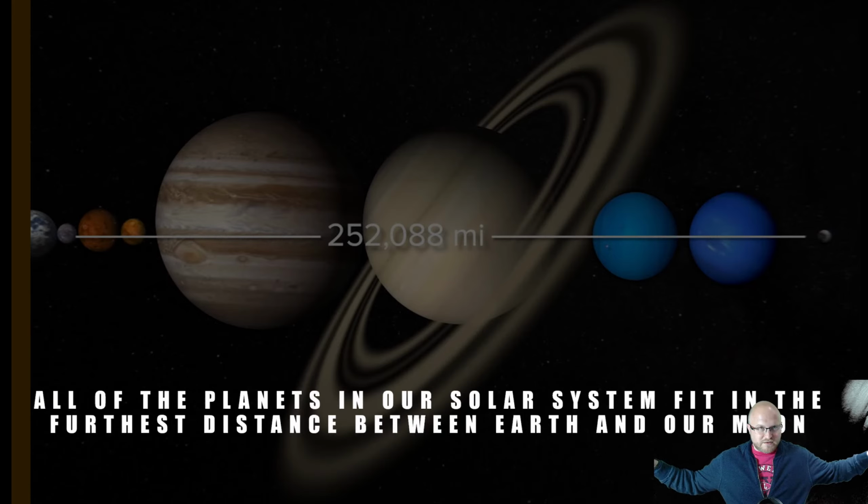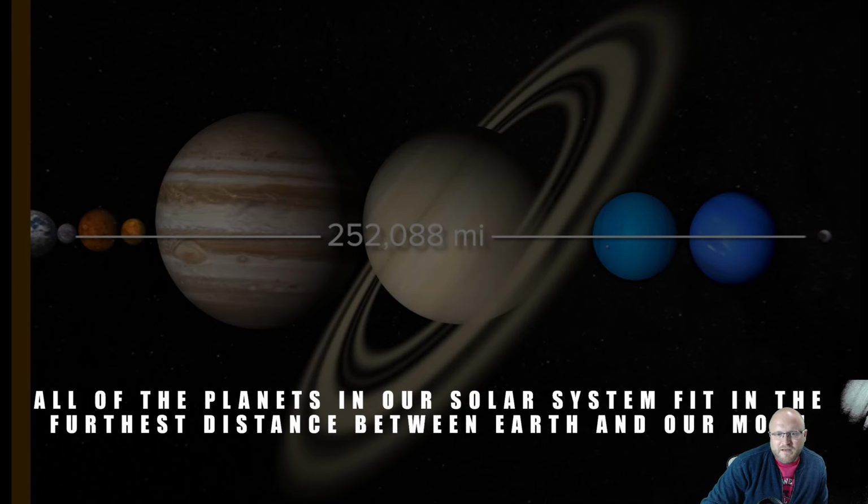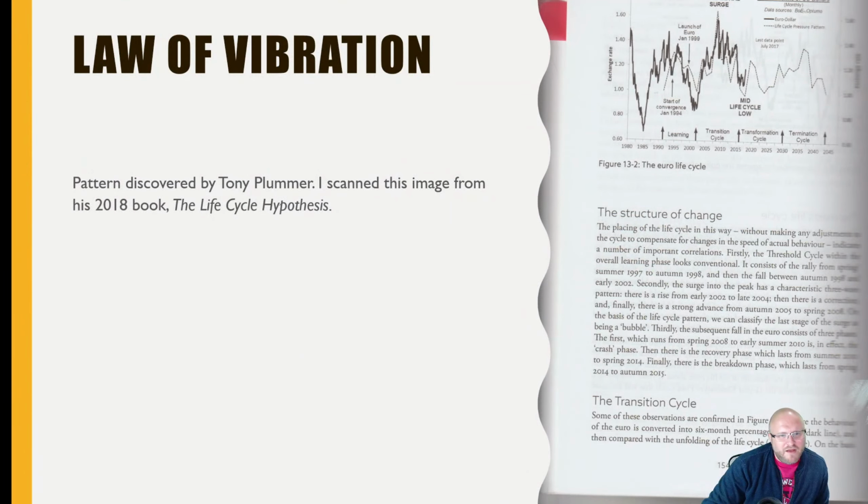So when the moon is, oh man, I forget the wording for it. When the moon is the farthest, it's at aphelion or perihelion, or I don't remember. Or is that apogee? One of those. But yeah, it's pretty interesting that they all fit perfectly inside that gap. That's just kind of cool stuff.